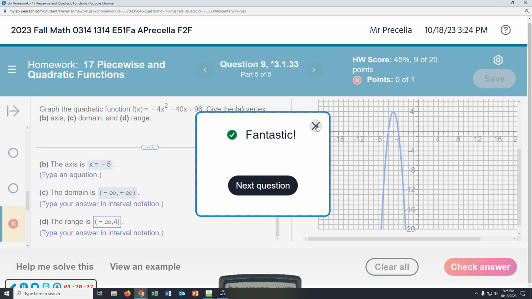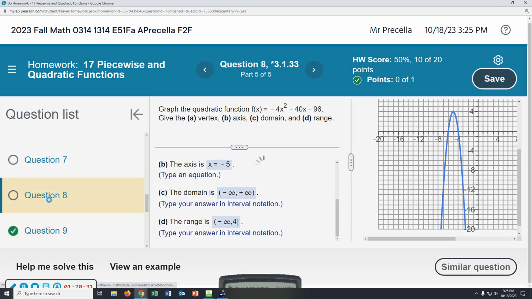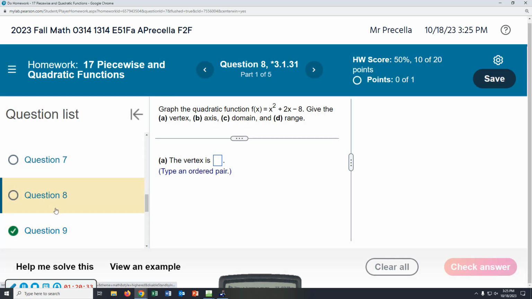Let's go back to number 8. Okay, here's another graphing one. This one's not going to look so, there's not a minus 96 on it and stuff. The numbers are a little bit nicer. Is this one going to be opening up or down?